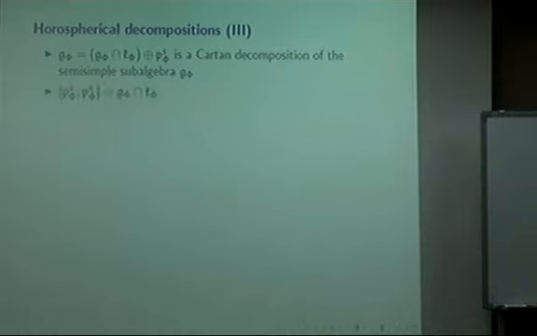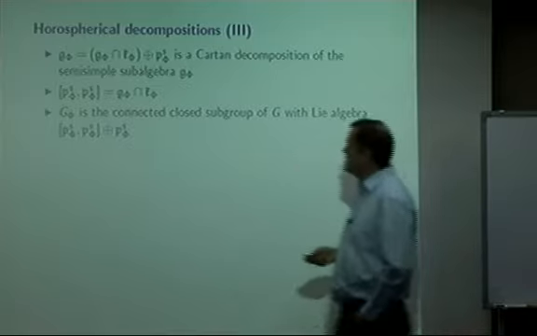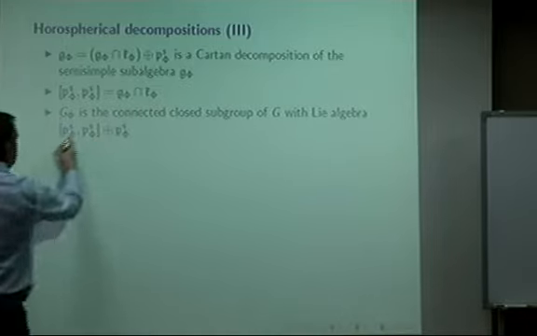When we take the bracket of p phi s with itself, what we get is the compact part, since this is a Cartan decomposition. This is a general feature of a Cartan decomposition. And G phi is the connected closed subgroup of G with this Lie algebra.